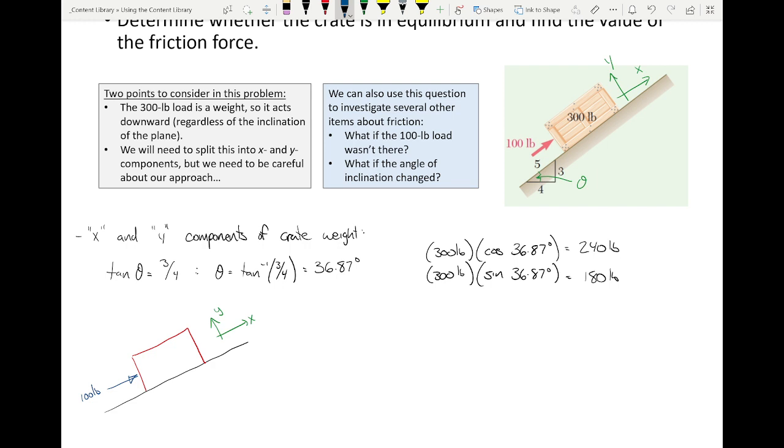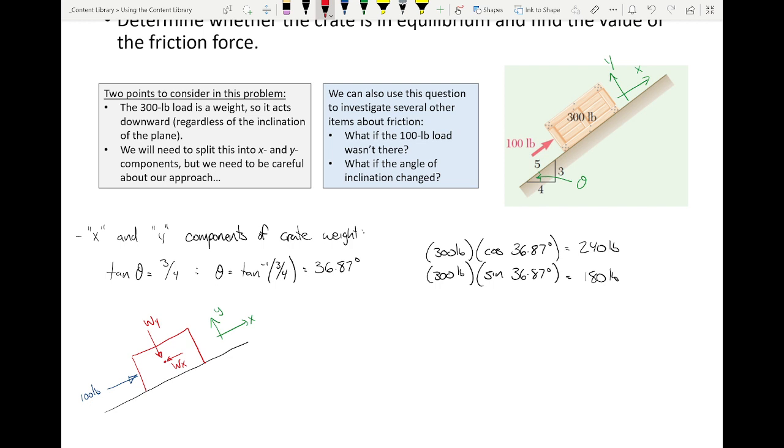So I propose that the x component needs to act like that. The y component is still acting this way. Why is it acting that way and not up? Because if it was acting up, the tape dispenser or the crate would be flying into the ceiling, right? Does that make sense?